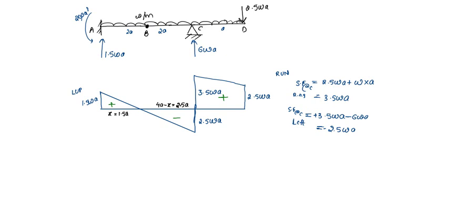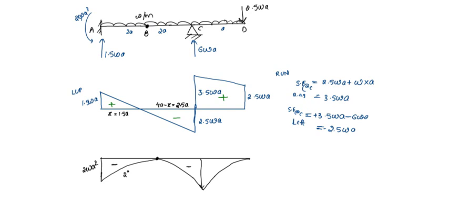For the bending moment diagram, since it is a hogging moment, it will be downward 2WA square. Since there is an internal hinge and a UDL, there is a parabolic variation, and at the internal hinge the bending moment will be 0, and again a parabolic variation. Since this is the hogging moment, it will be downwards, negative, and this also negative.